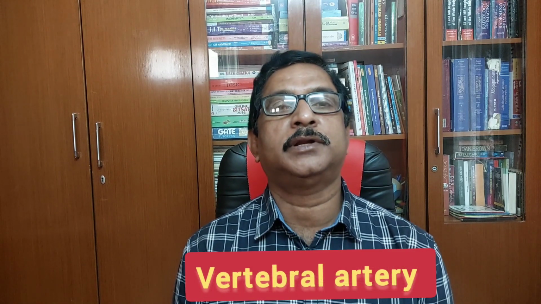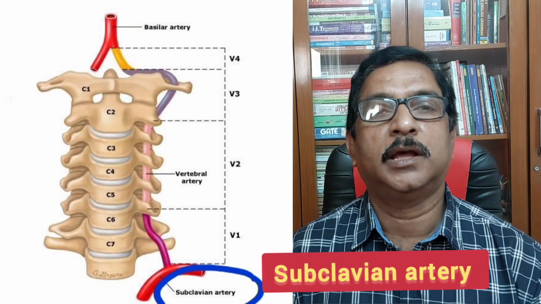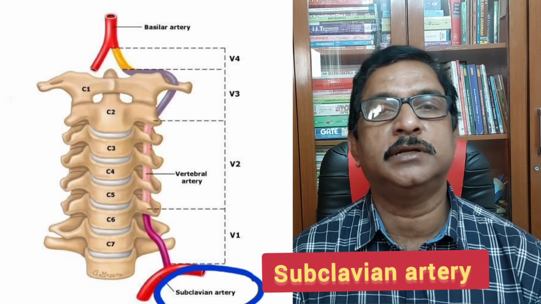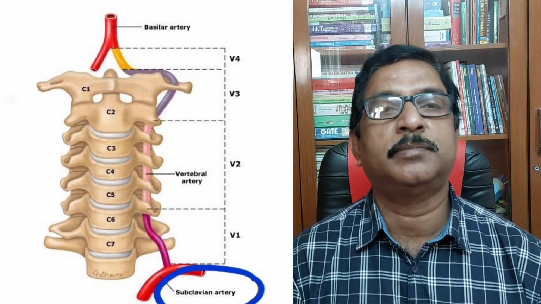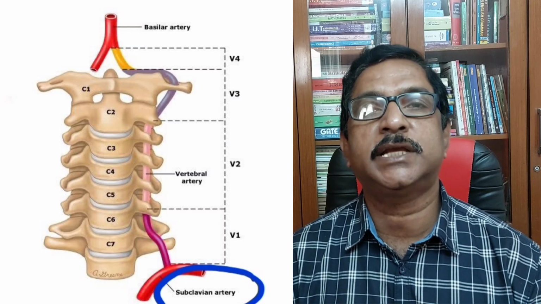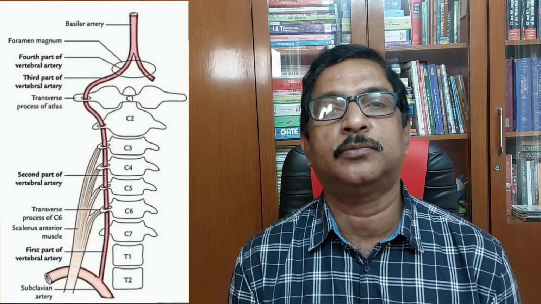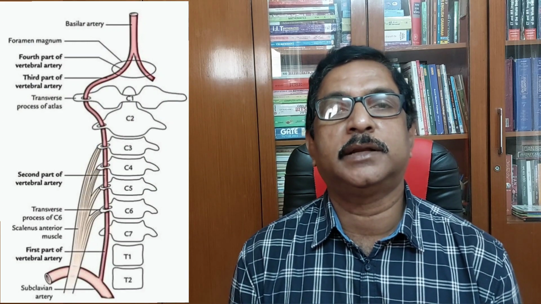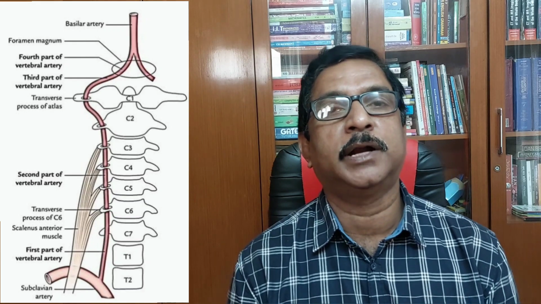You know, the vertebral artery is one of the branches of the subclavian artery, and the artery from its origin runs towards the foramen transversarium of the C6 vertebra, or 6th cervical vertebra. Then it ascends upwards through the foramen transversarium of C5, C4, C3, C2 and up to C1. But it never goes downwards towards the 7th cervical vertebra.